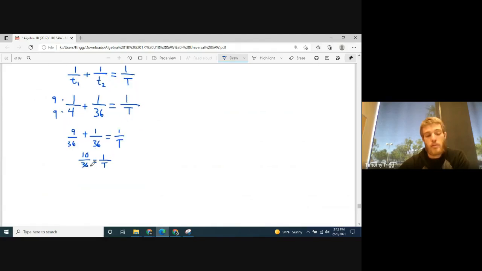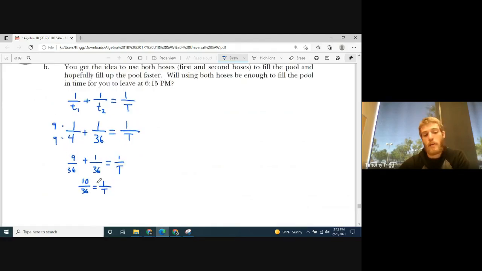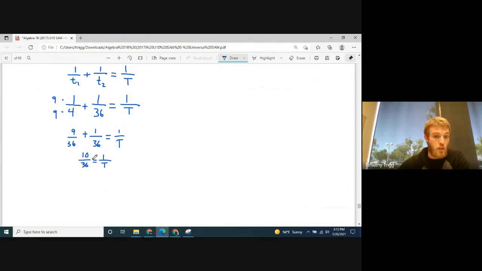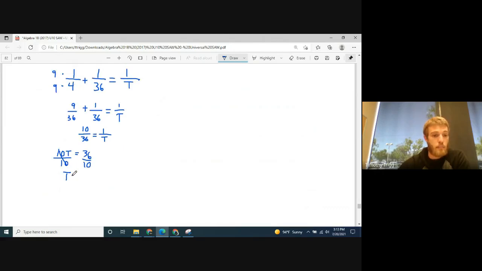Now, like the previous one, we want to cross multiply to figure out how long it's going to take them to fill up that 5-gallon bucket. So 10 times T is 10T equals 36 times 1 is 36. Divide both sides by 10 to figure out how long it's going to take them working together. 36 divided by 10 is 3.6 seconds.